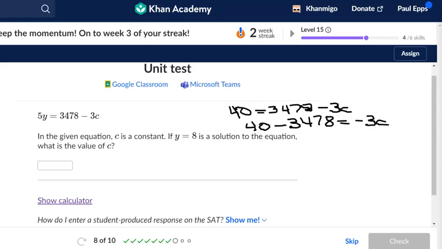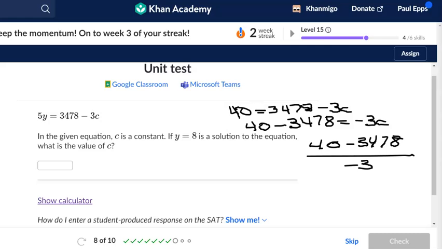Now to get to c, we're going to wind up with 40 minus 3478 divided by negative 3.